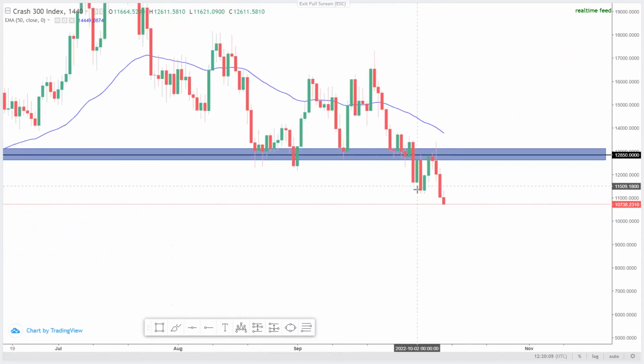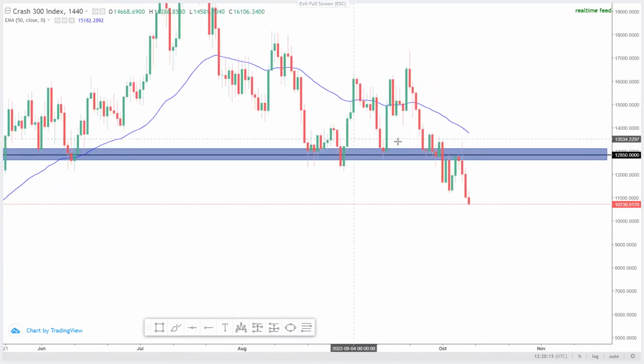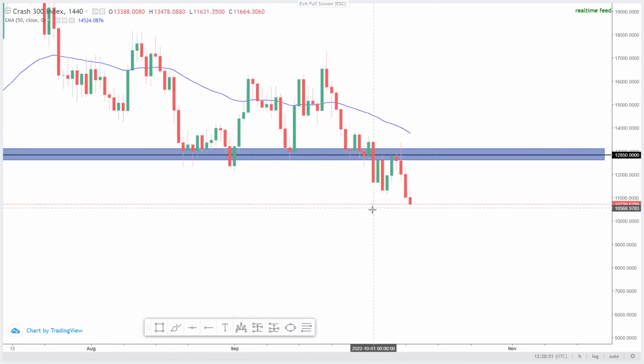And then we're expecting the level to act as what? A resistance. For every time we were above this level, the level acted as a support whenever price came to retest it. Then because we are now below, the level has been broken. We're very much expecting the level to act as a resistance. Broken support becomes a new resistance.